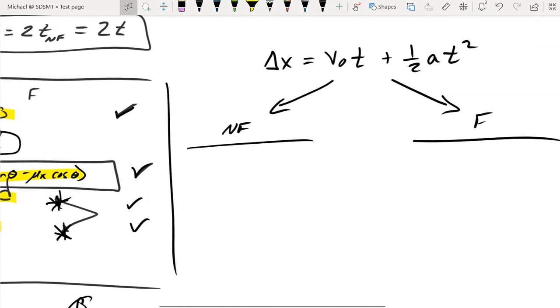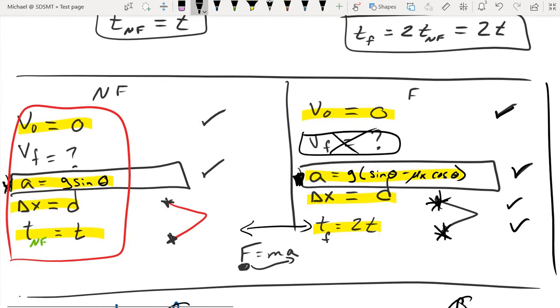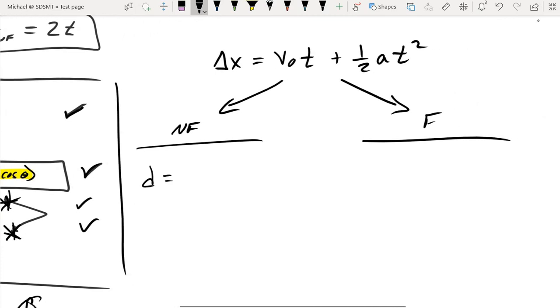So delta x, well, delta x was the displacement, and that was d, equals the initial velocity times the time. Well, the initial velocity was 0, so that term goes away, plus 1/2 of the acceleration of the pig in the non-friction case times the time of the pig in the non-friction case.